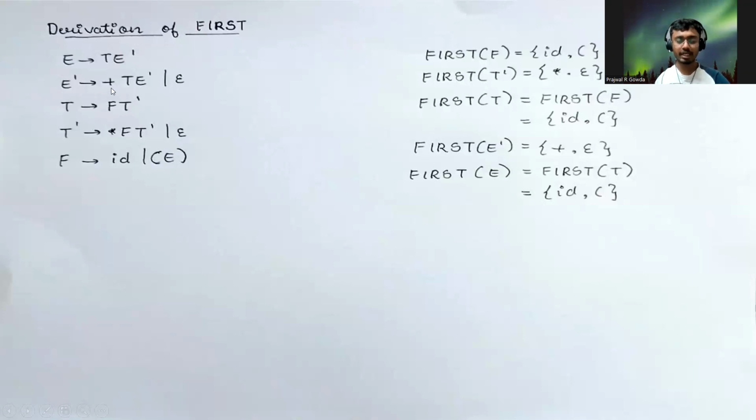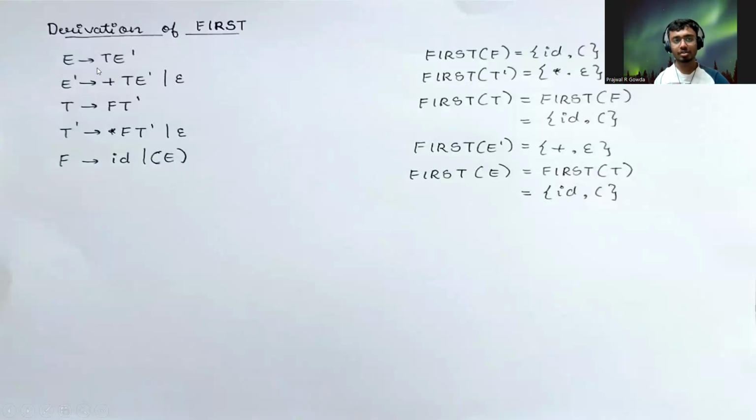Next, let us consider first of E dash. It also consists of two productions, plus T E dash and epsilon. For the first production, we have plus as the first, and for the second production, we have epsilon as first. So first of E dash is plus, comma, epsilon. Next, for the symbol E, it consists of T and E dash, which starts with a non-terminal.